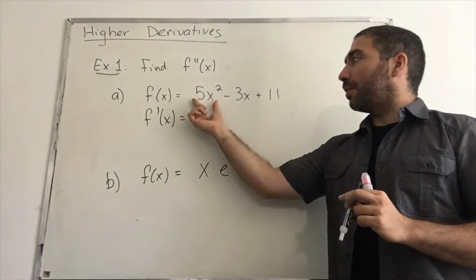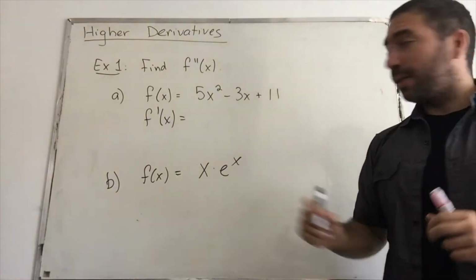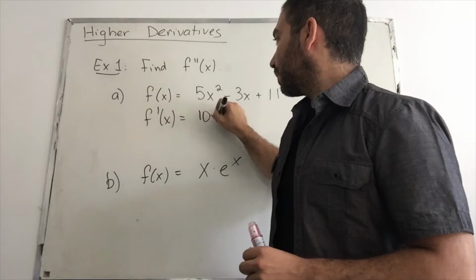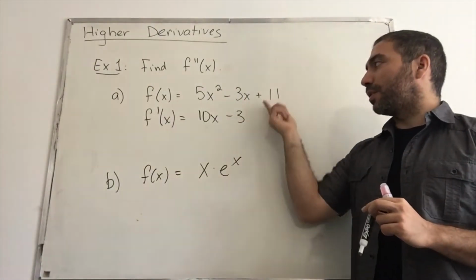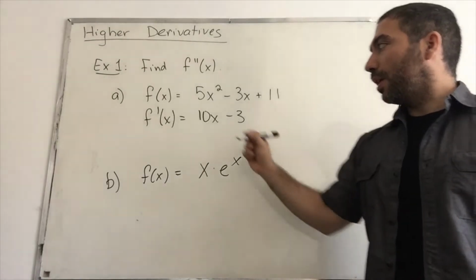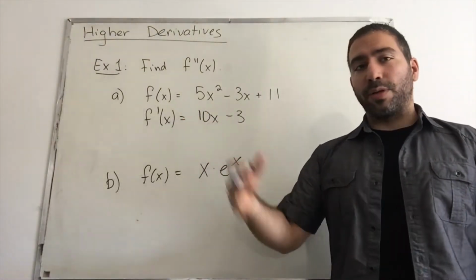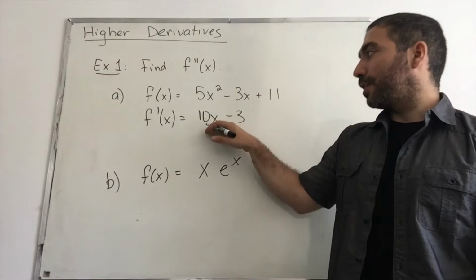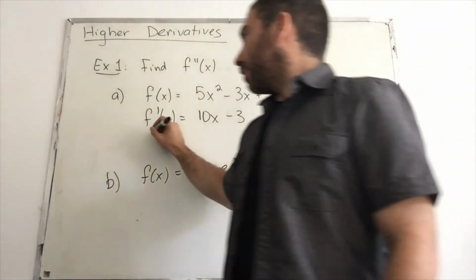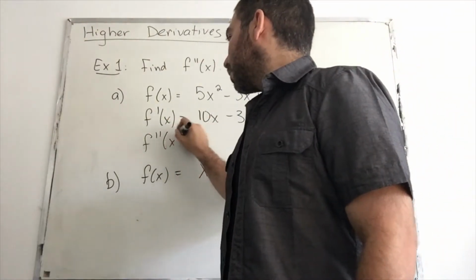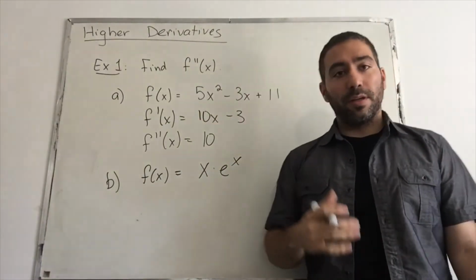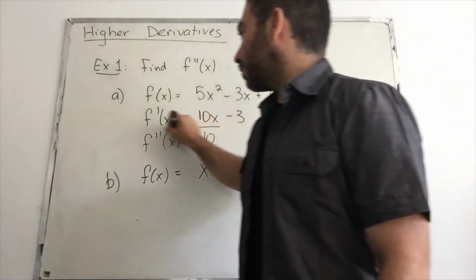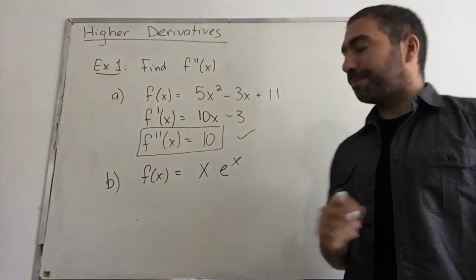We're using power rule on each term, giving us 10x minus 3, and the derivative of a constant is 0, so we get 10x minus 3. And now that was our first derivative. Now we're looking for the second derivative, so at this point we just take the derivative again, giving us f double prime of x, and the derivative of 10x is 10, the derivative of negative 3 is 0, leaving us with the second derivative being 10.